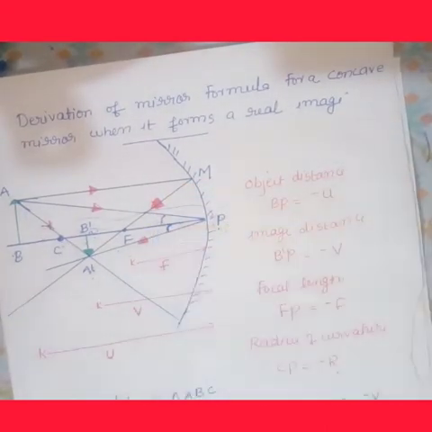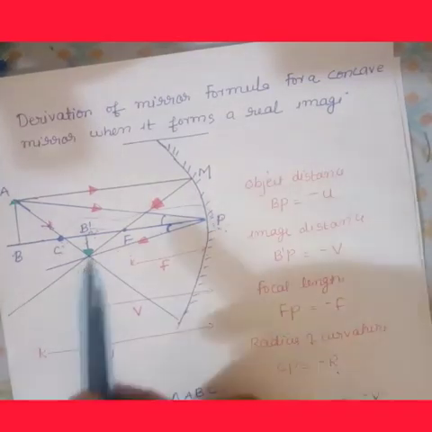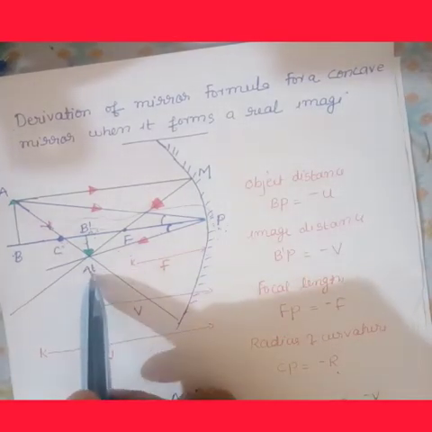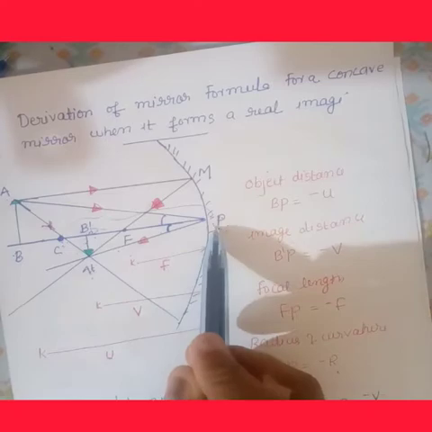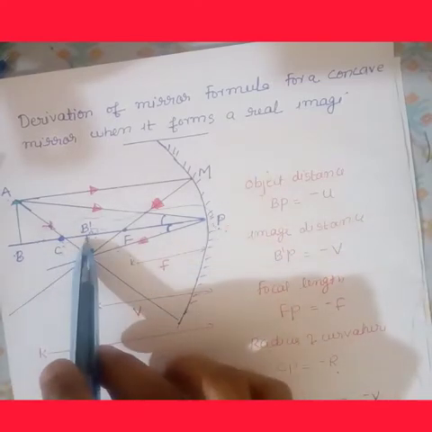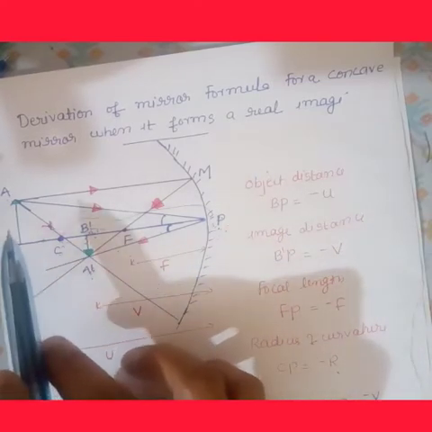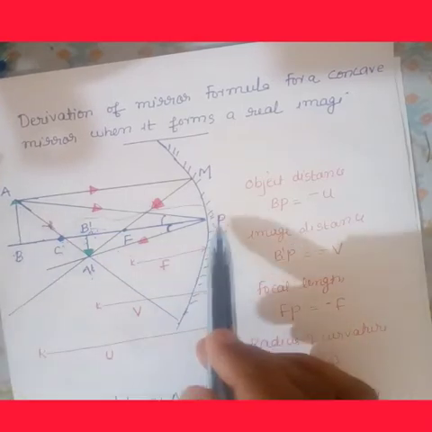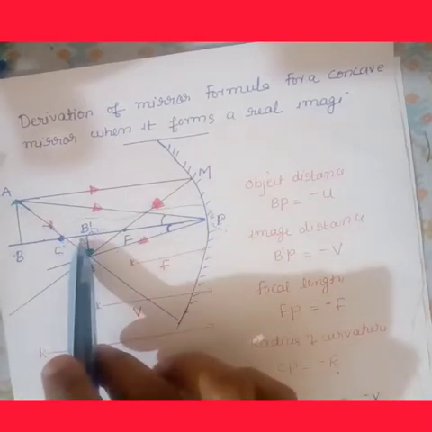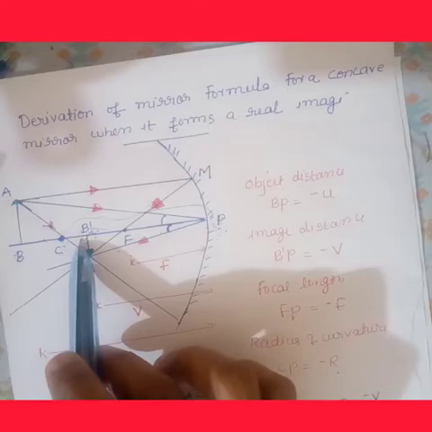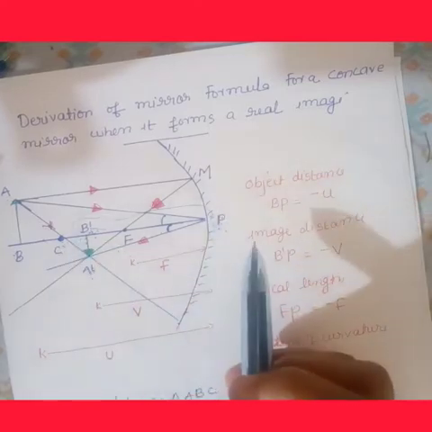So these two angles are the same. So angle A'PB' is equal to which angle? APB'. So these two triangles are also congruent.